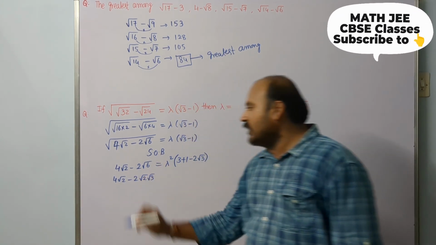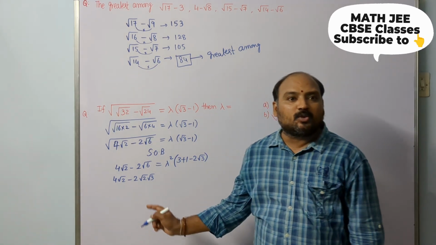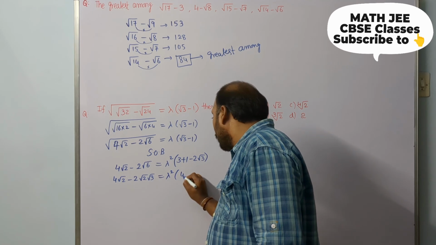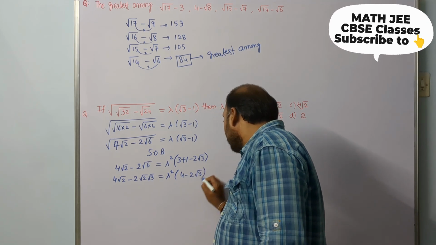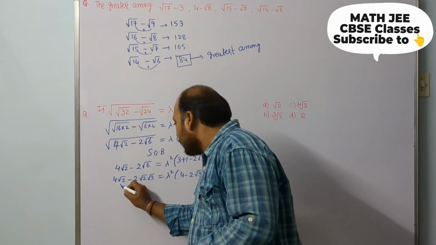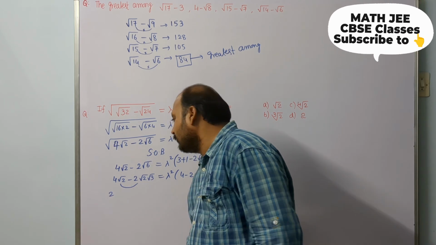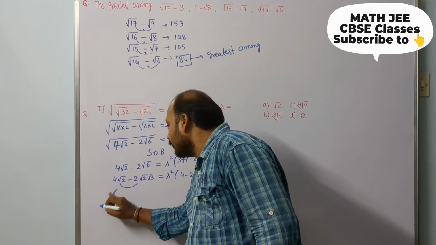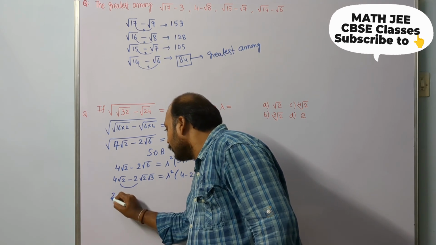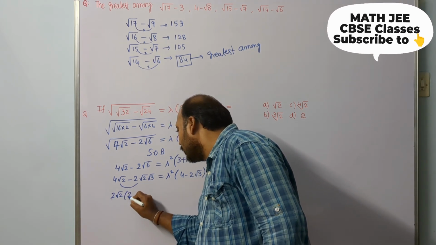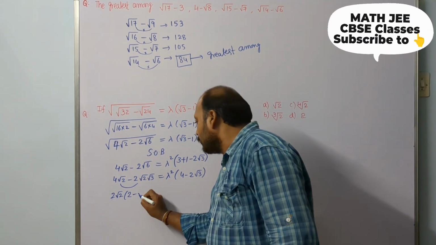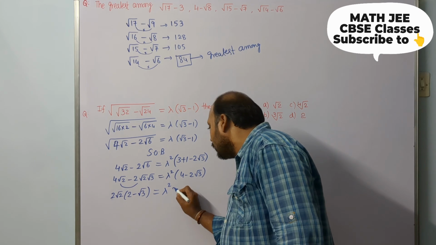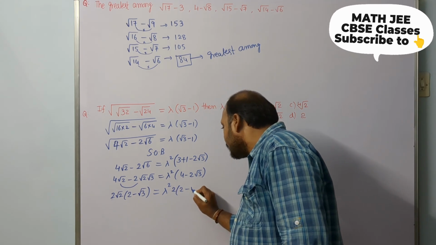Root 6 we can write as root 2 into root 3, equal to lambda square into 4 minus 2 root 3. Here we can take common 2 root 2 from here, root 2 if you take out common, 2 minus root 3 will be remaining, which is equal to lambda square. Here also take 2 common, 2 minus root 3.